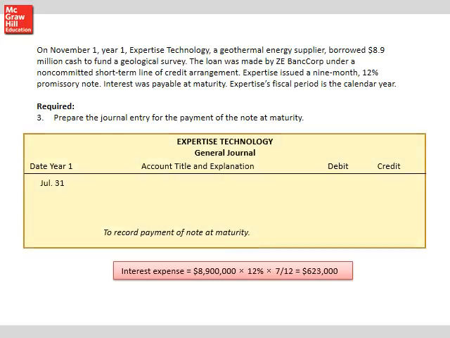So on July 1st of this year, we're going to debit interest expense for $623,000. We will also debit interest payable for the original $178,000, and then we're going to also debit notes payable for the original $8,900,000. And our credit is going to be the cash for all 3 of those combined, and so that will be $9,701,000.